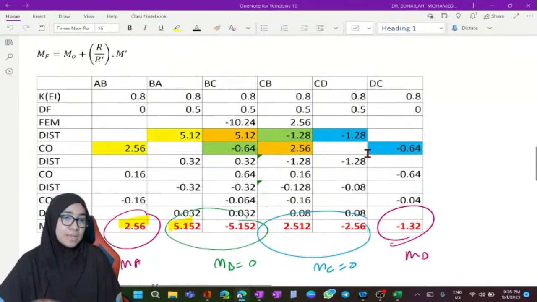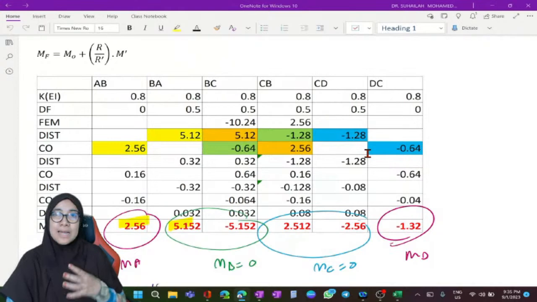Then we continue the distribution process, we carry over the value, and we repeat the distribution and carry over until the last distribution, when the moment reaches 0 value, then we stop.